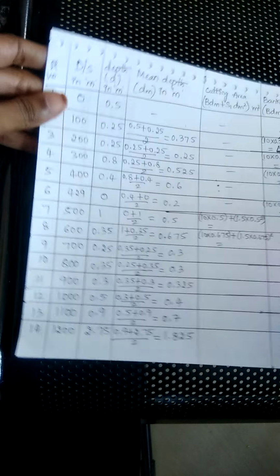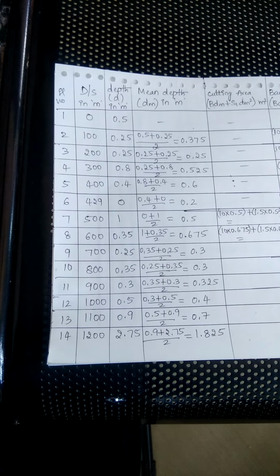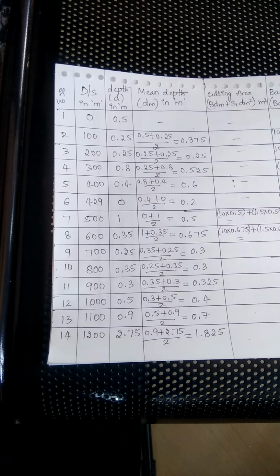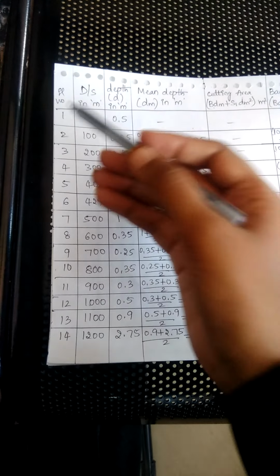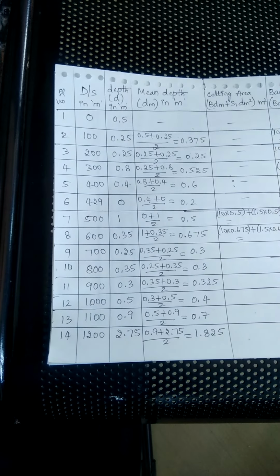So now, let us fill the first three columns. The first three columns will be filled with the help of the previous table. You put the serial number from 1 and then you mention the distances.